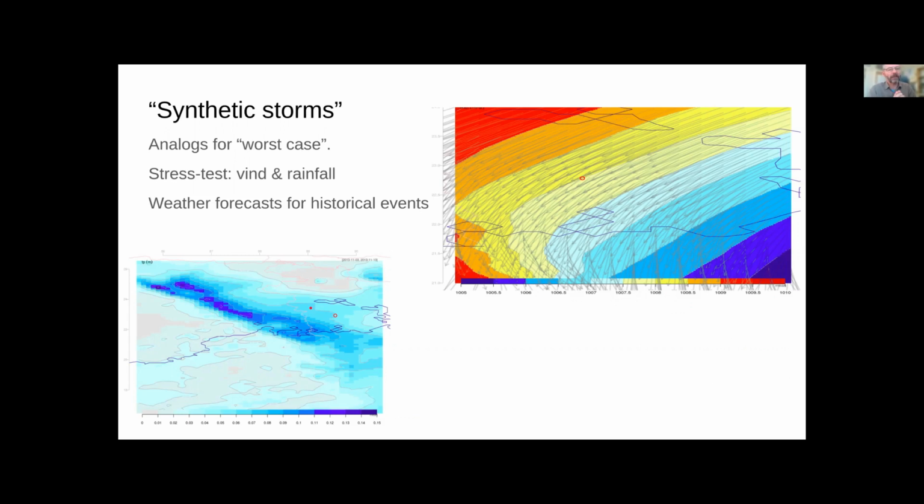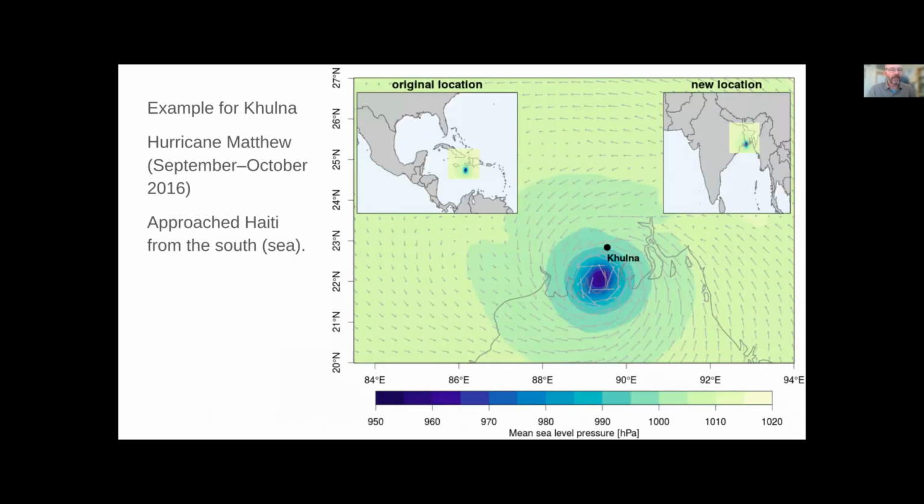So this is an analog for the worst case scenario, and it provides a stress test for wind and rainfall in this case, if we have an impact model that can take these as inputs. And we use then weather forecasts for historical events. And this slide shows the situation here.